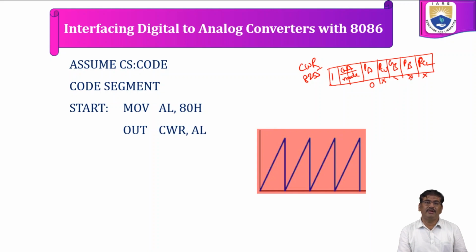As we are not using any port corresponding to group B, the mode is also don't care. And port A, which belongs to group A, we are using in a simple IO mode, that is mode 0. So you will write the mode bits as 00. So now the pattern for the control word register is 1, 0, 0, 0, and the remaining 4 bits are don't cares.